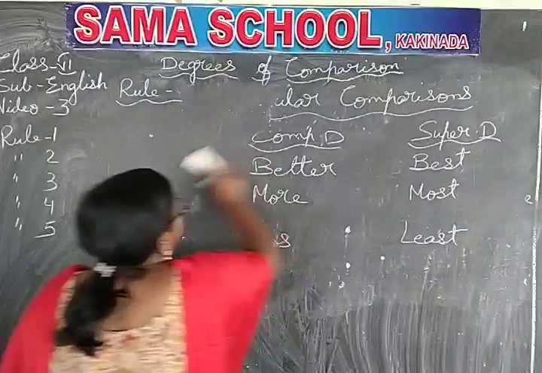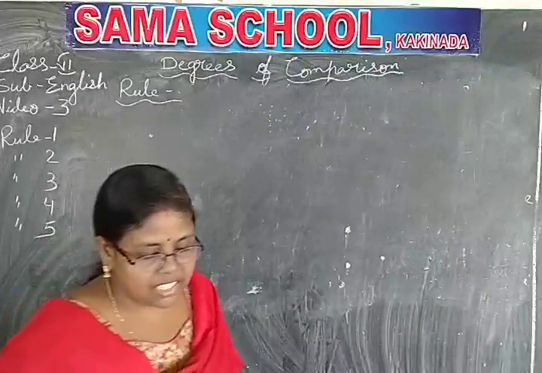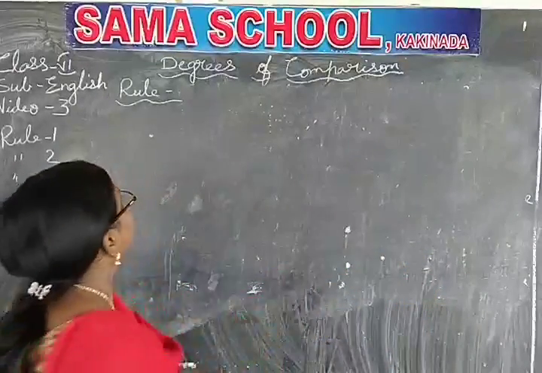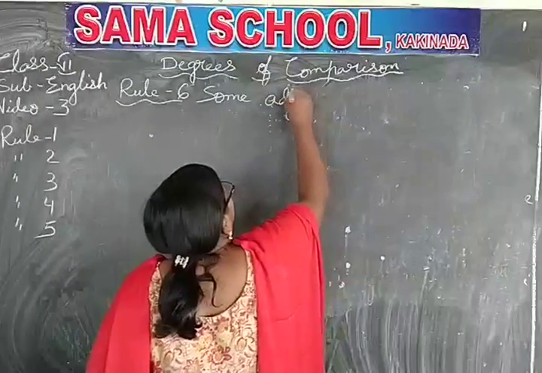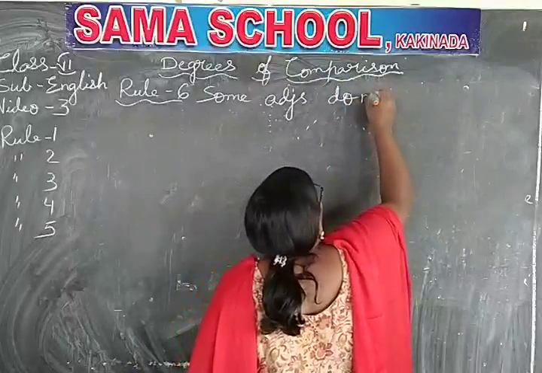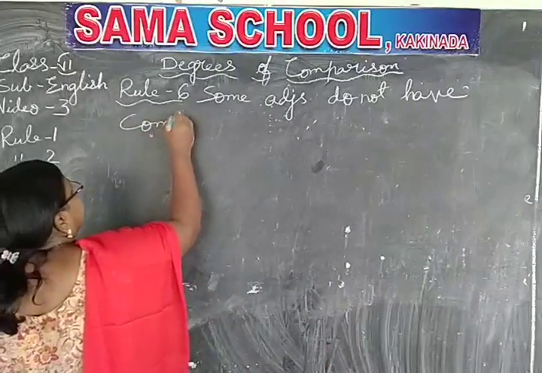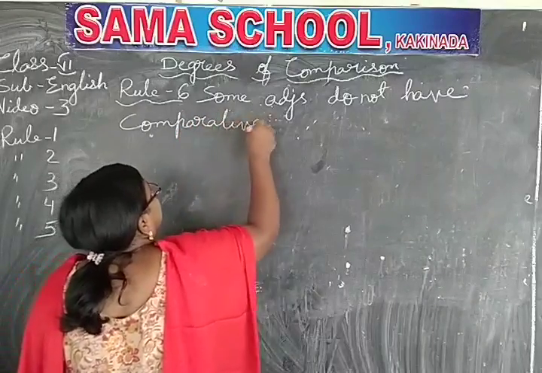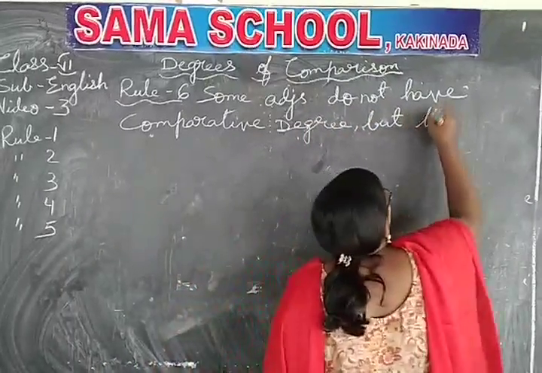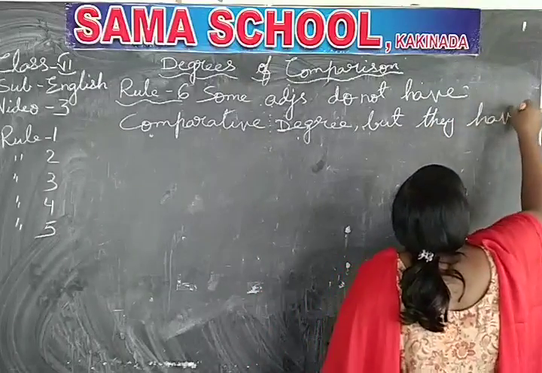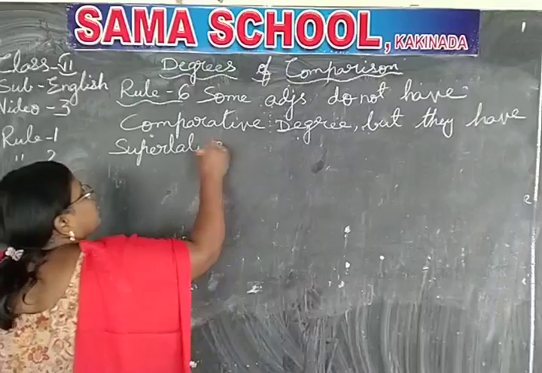Some adjectives do not have comparative degrees, but they have superlative degrees. Okay, this is rule number 6.